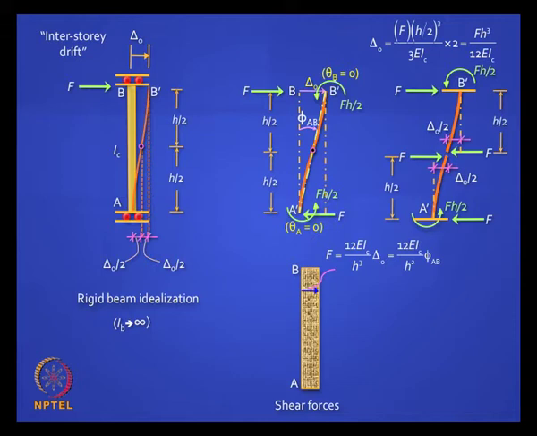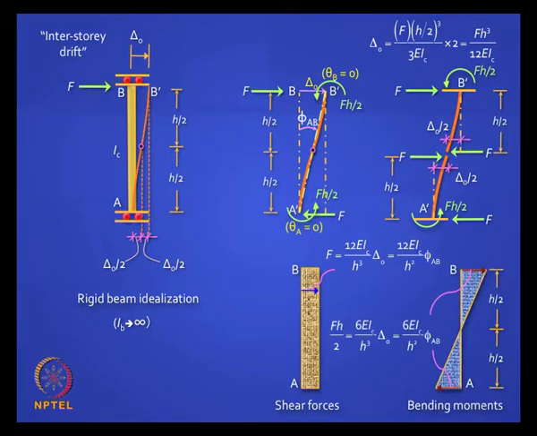Well, you have two cantilevers there, it will look like this, drawn on the tension side, linearly varying with a point of contraflexure exactly at mid height, and the moment will be Fh by 2. So it turns out to be 6 EI by h squared into delta naught, or 6 EI by h into phi. Is it clear?